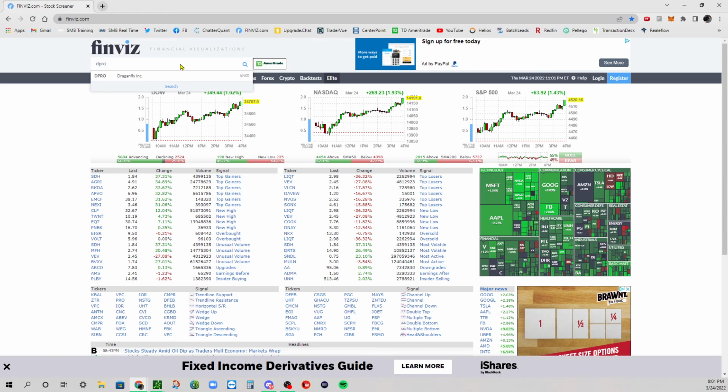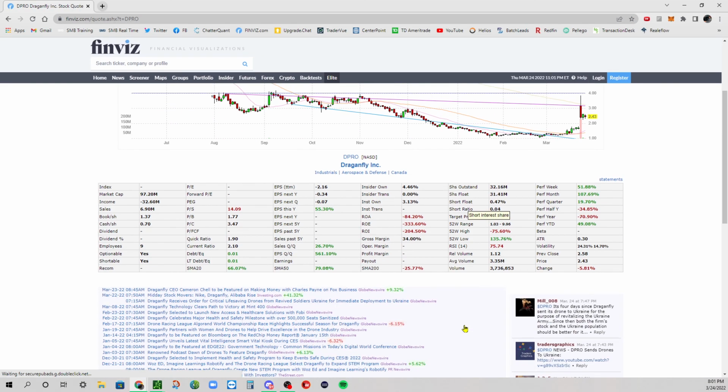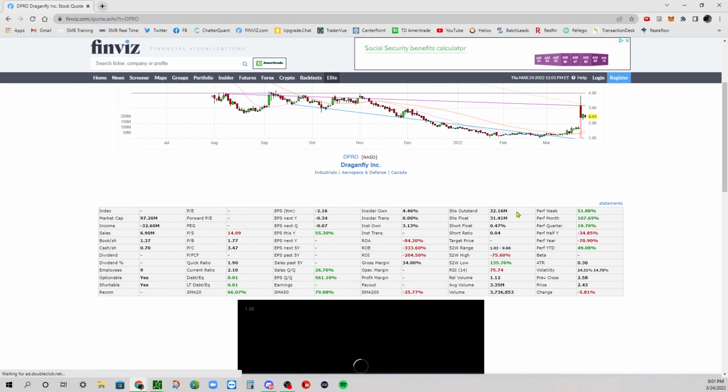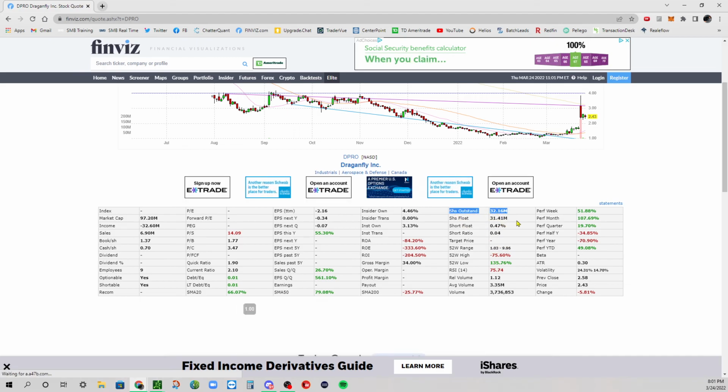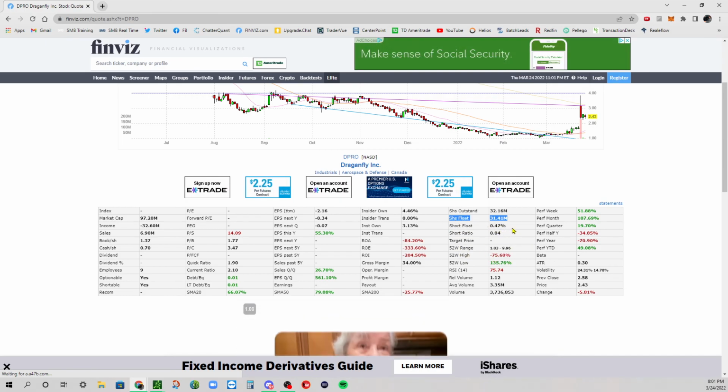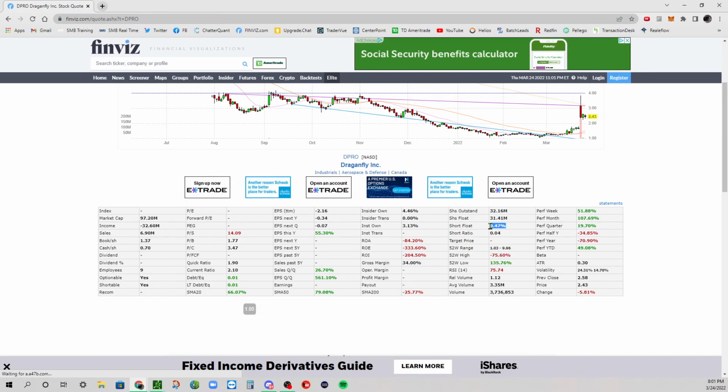You can see it right here. Shares outstanding, that's how many shares available for the whole company. Shares float, that's how many are available tradable shares. There's short float, how many are held by shorts, and then short ratio and all that. But you can see all the fundamentals right here.